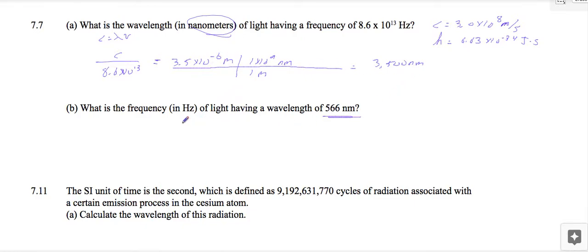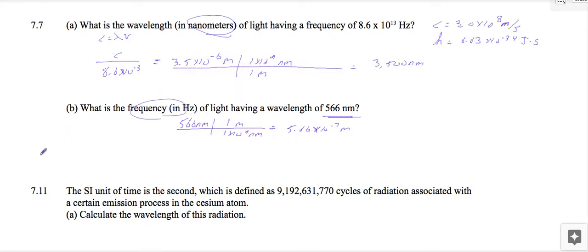Let me show you once going the other direction. 566 nanometers, 1 times 10 to the 9th nanometers is 1 meter, and that equals 5.66 times 10 to the minus 7th meters.